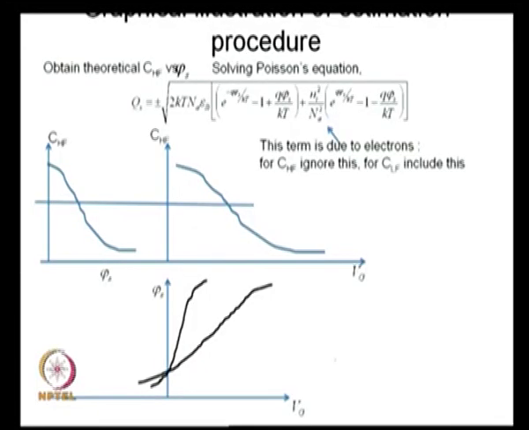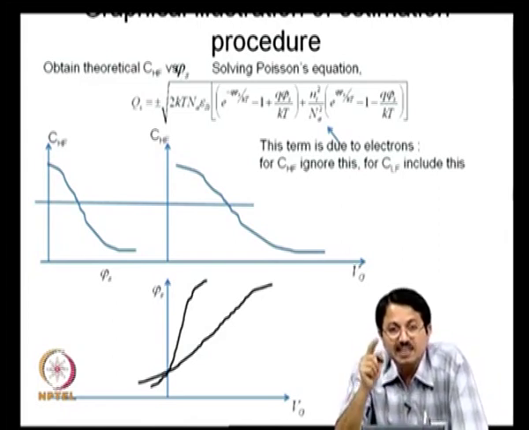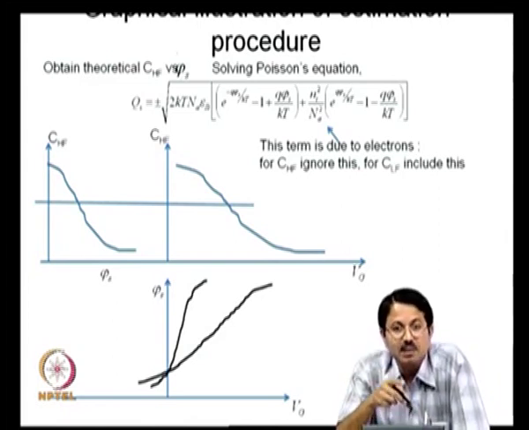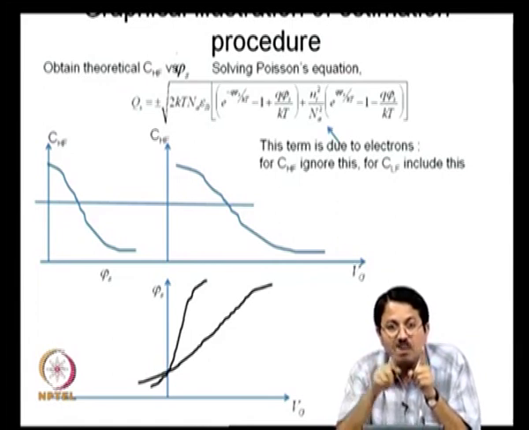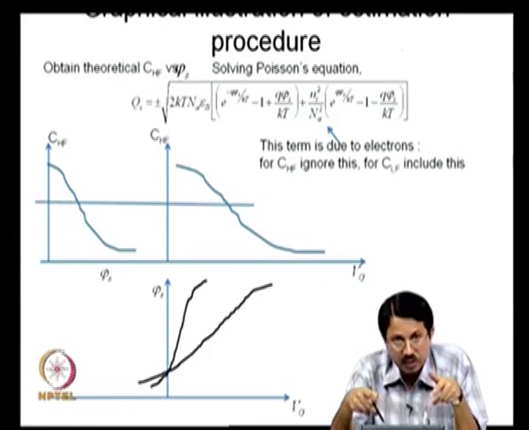And to get this, we essentially first note that, as I mentioned, for any band bending psi s, I can estimate what should be Cs, because there is a very unique mapping between psi s and Cs, and that is essentially based on the solution of Poisson's equation.